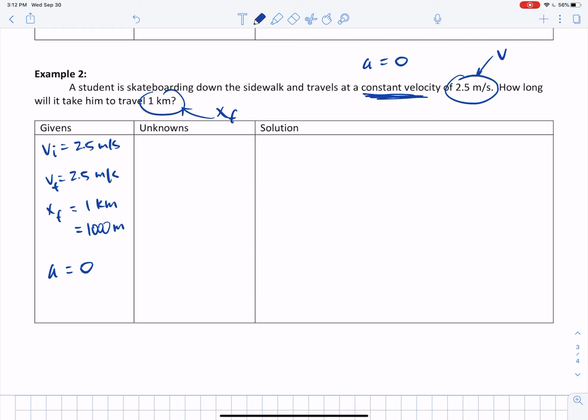So I pulled out a ton of information, much of it hidden in the description of the situation. And now I just have one unknown, and it says, right, how long? So I'm being asked to find time.